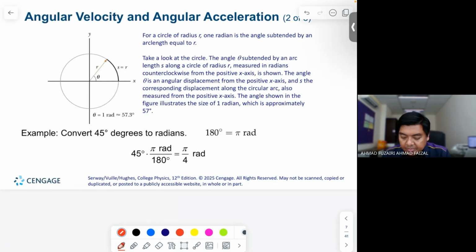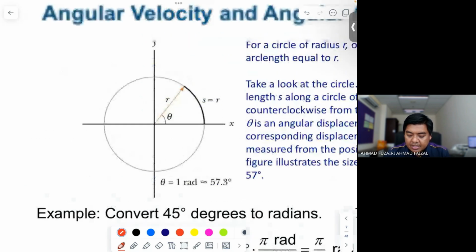Okay, for a circle of radius r, like this one, 1 radian is the angle subtended by an arc length equal to r. For instance, we may see a certain circle like this one, where there is a center of the circle in the middle, that means at the origin.